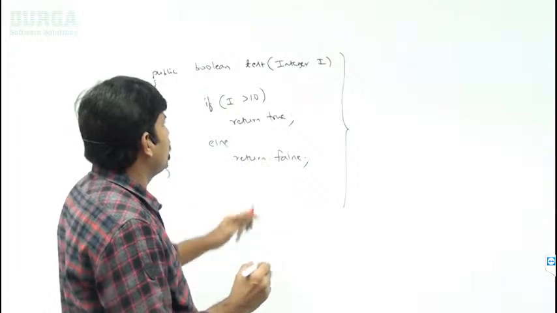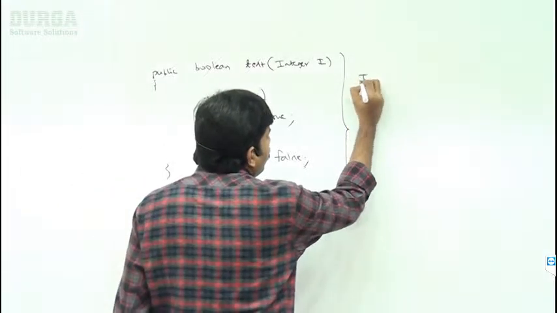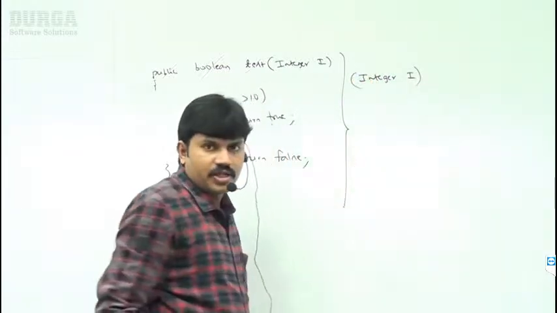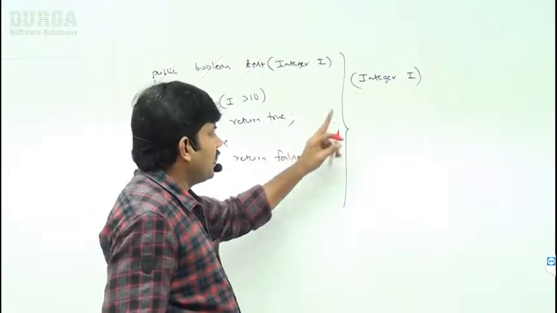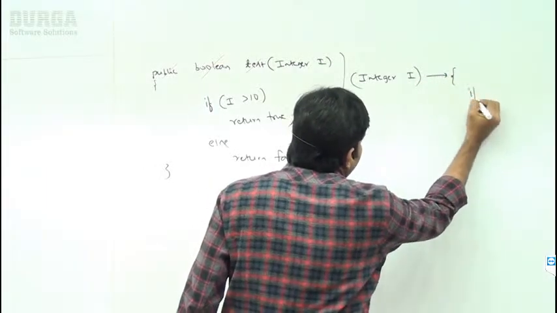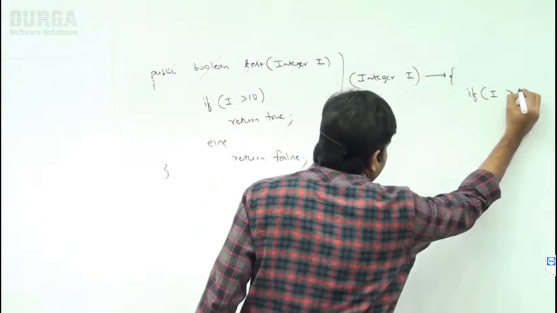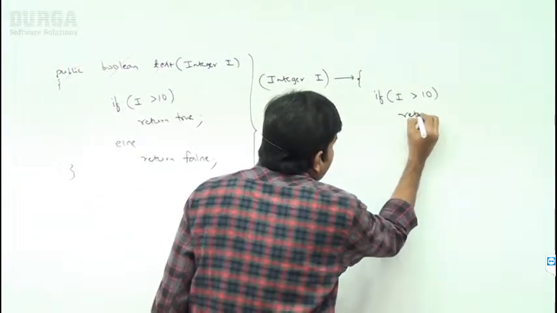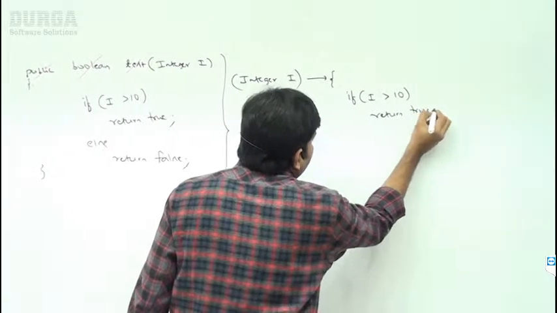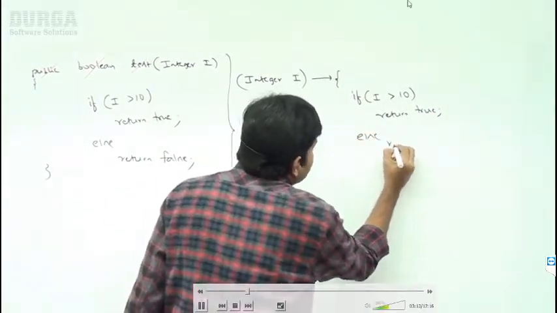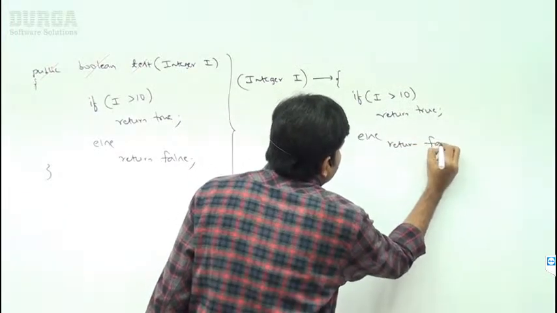I want to convert this one. Now, Integer i, if i greater than 10, return true, else return false.